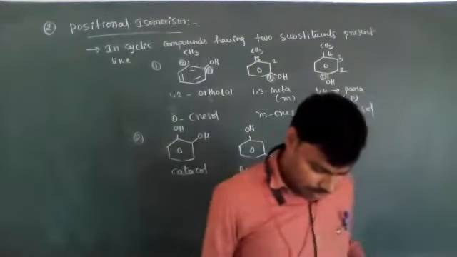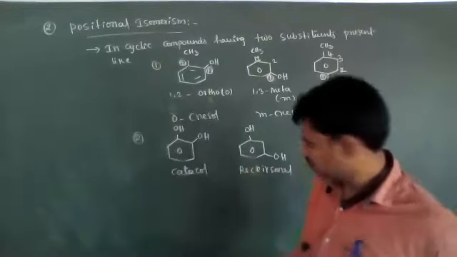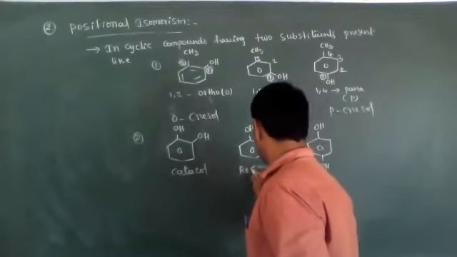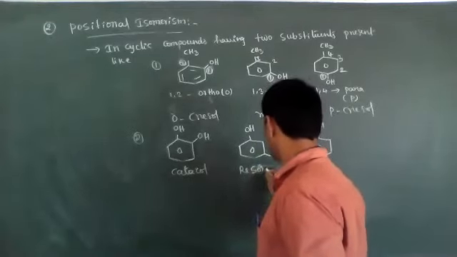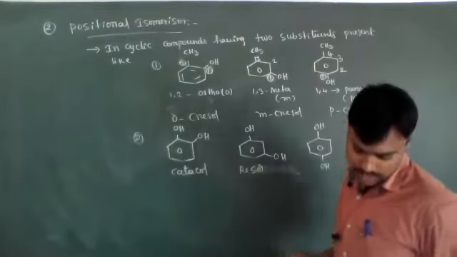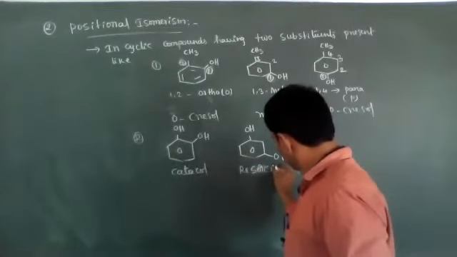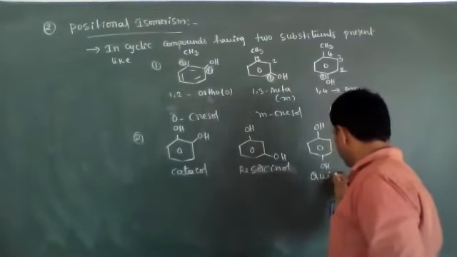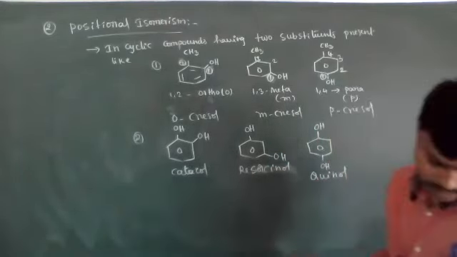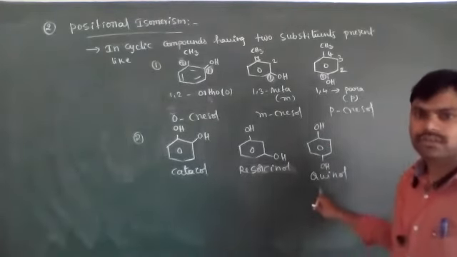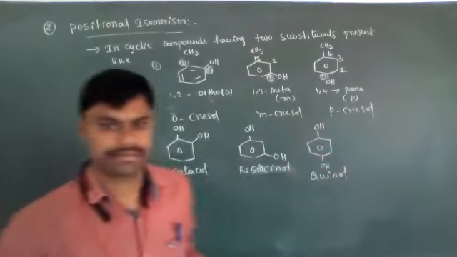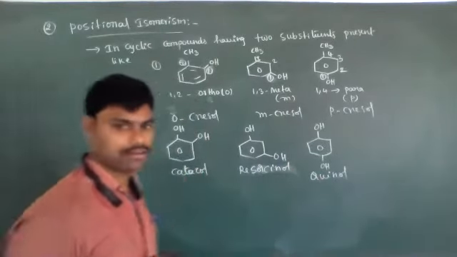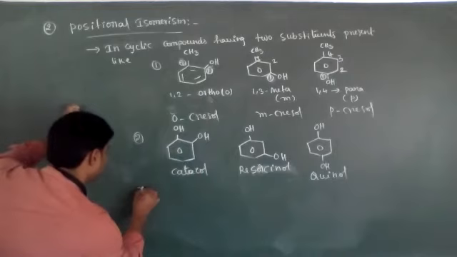OH and OH at 1 and 4: this compound name is quinol. Okay, so these are the different names: catechol, resorcinol, and quinol. And one more example I will give you.